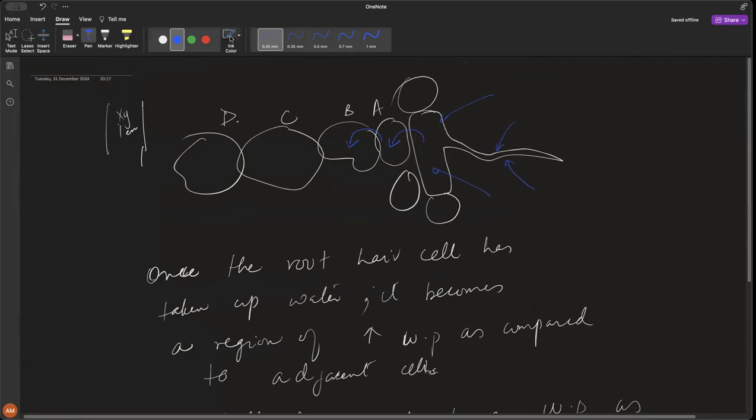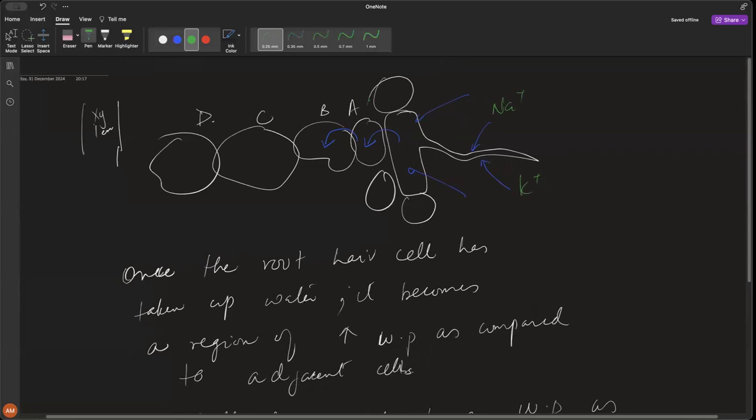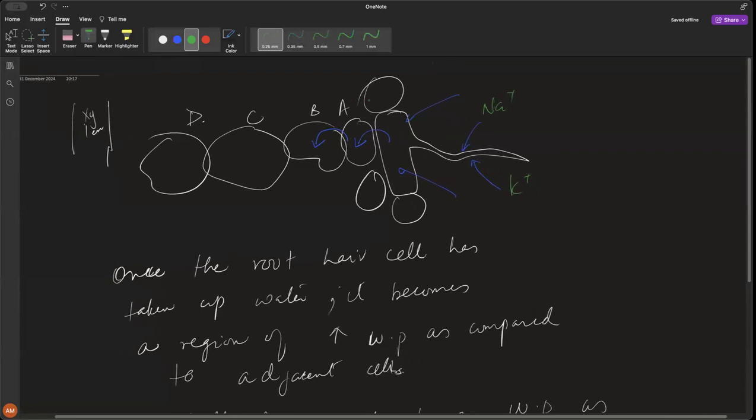Keeping in mind that the ions are being actively taken up by the root hair cell, it is constantly keeping up the concentration gradient with the soil, so the water keeps on moving in. You understand?